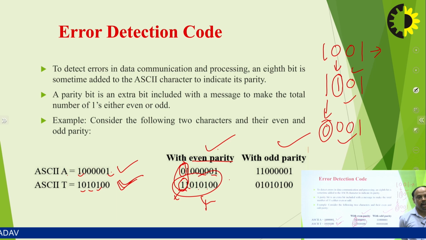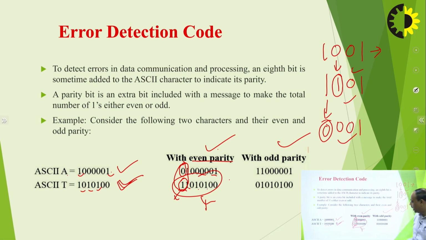Again, for odd parity, we have to make the number of 1s odd. As we can see, the number is even, but we prefer odd parity, so we have to add 1 over here, and similarly for an odd number of 1s, we have to add 0, so that the number of 1s is odd.